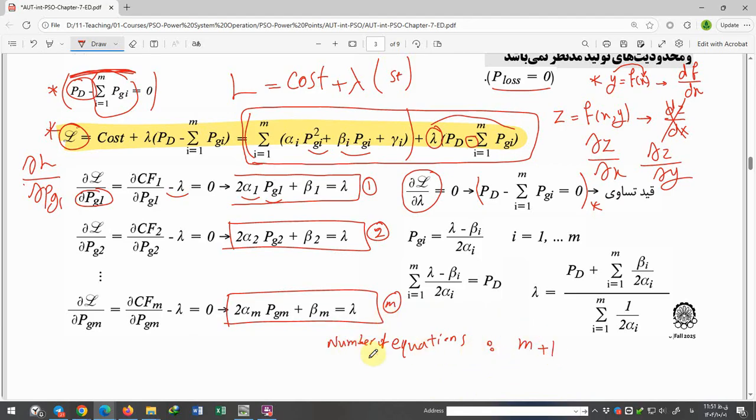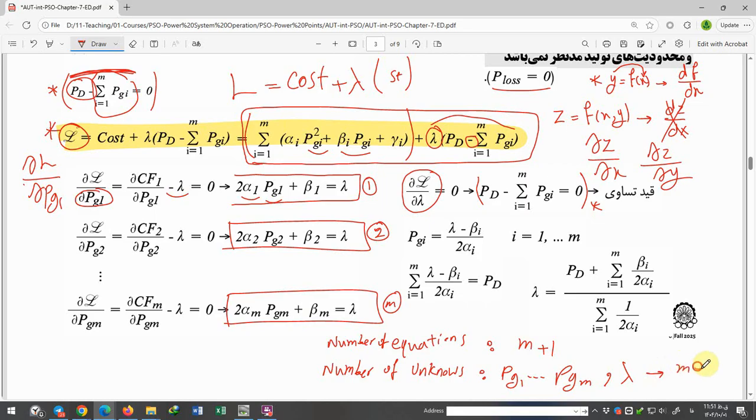This is the number of equations, and the number of unknowns is pg1 to pgm and lambda.